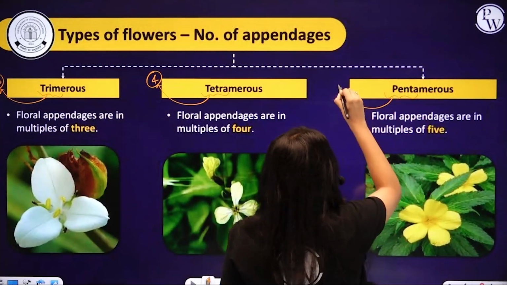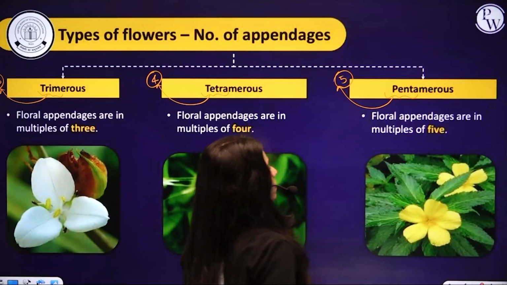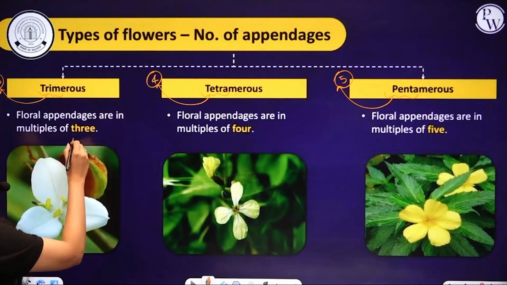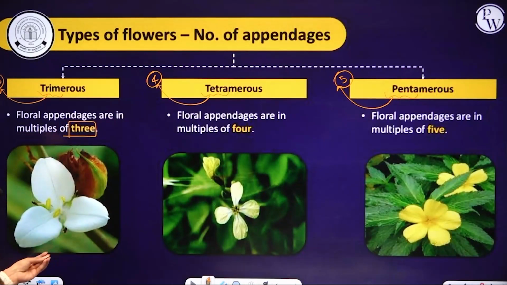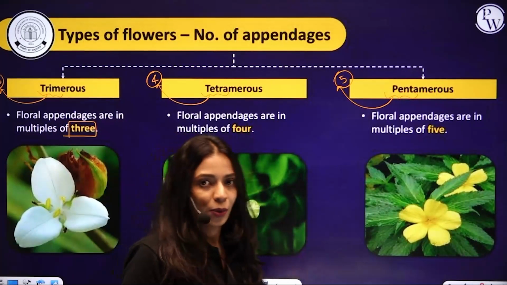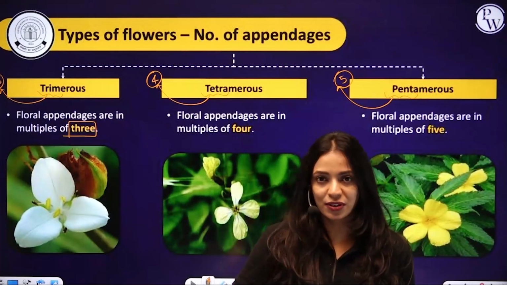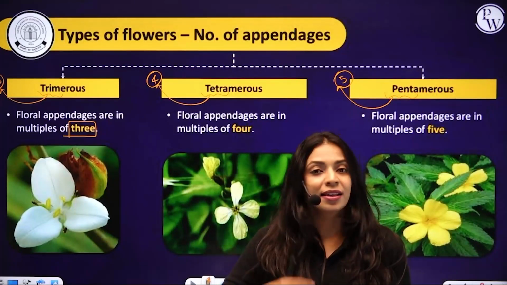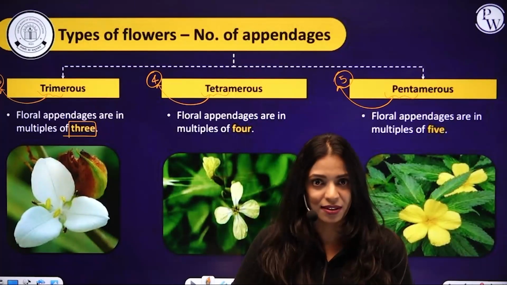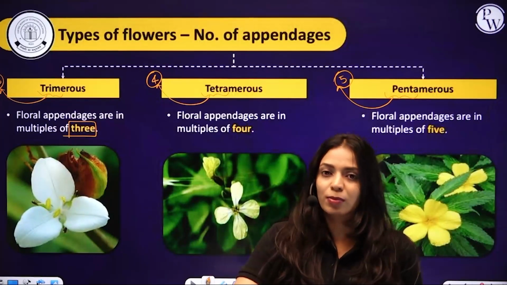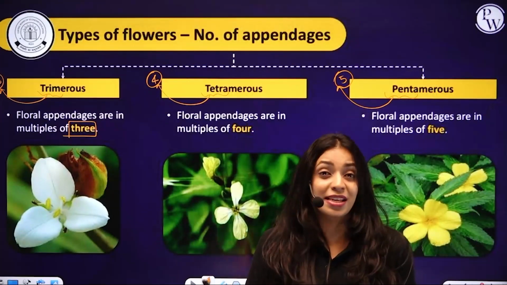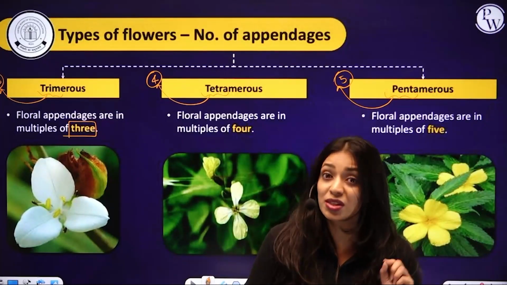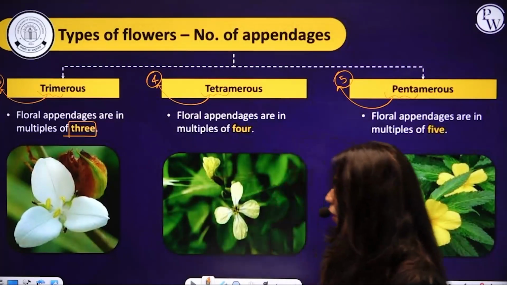Penta refers to five. If a flower has floral appendages that are in multiples of three, like three sepals, three petals, three stamens, three carpels, or multiples of three. Like we can see in lily, there are six tepals, right? So three or multiples of three, six sepals, six petals, six stamens. If they are in multiples of three, then we refer to such flowers as trimerous flowers.